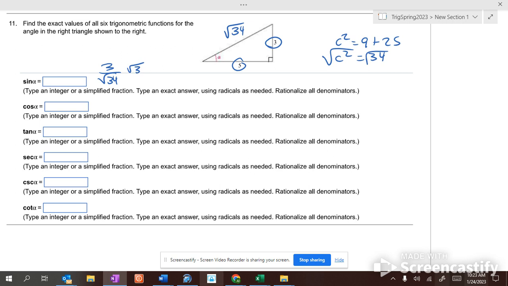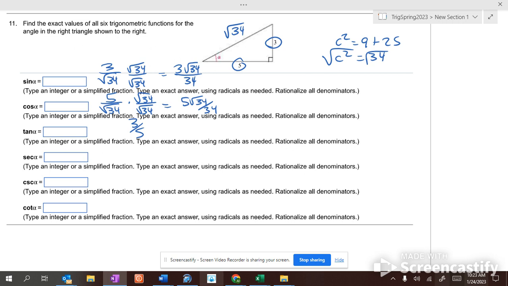Can't leave square root of 34 on the bottom, so it's 3 square root of 34 over 34. Cosine, adjacent over hypotenuse. Can't leave square root of 34 on the bottom. Tangent, opposite over adjacent.